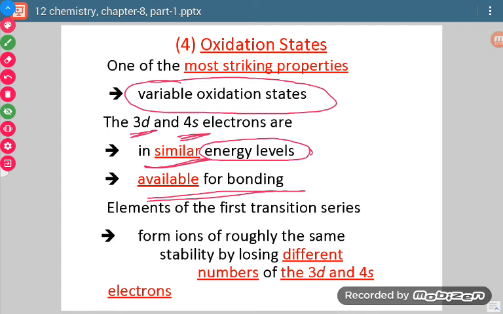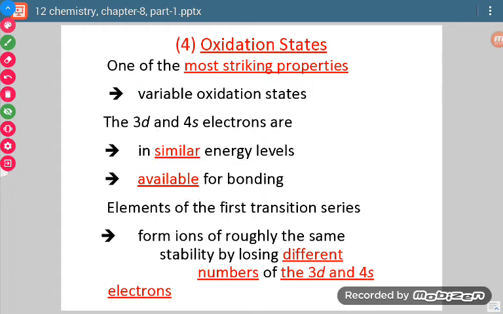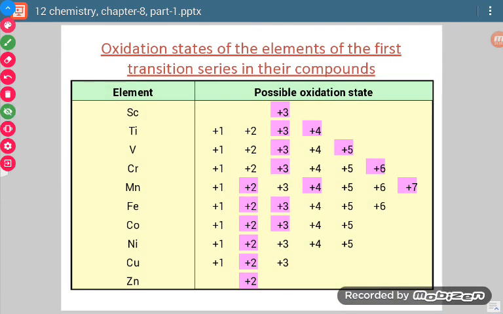Elements of the first transition series form ions of roughly the same stability by losing different numbers of the 3d and 4s electrons. What do we mean by this? We mean that for first transition series elements, electrons are lost from the 3d and 4s orbitals, and they can lose electrons in different numbers, so they can show so many oxidation state values. Now let us see this chart.